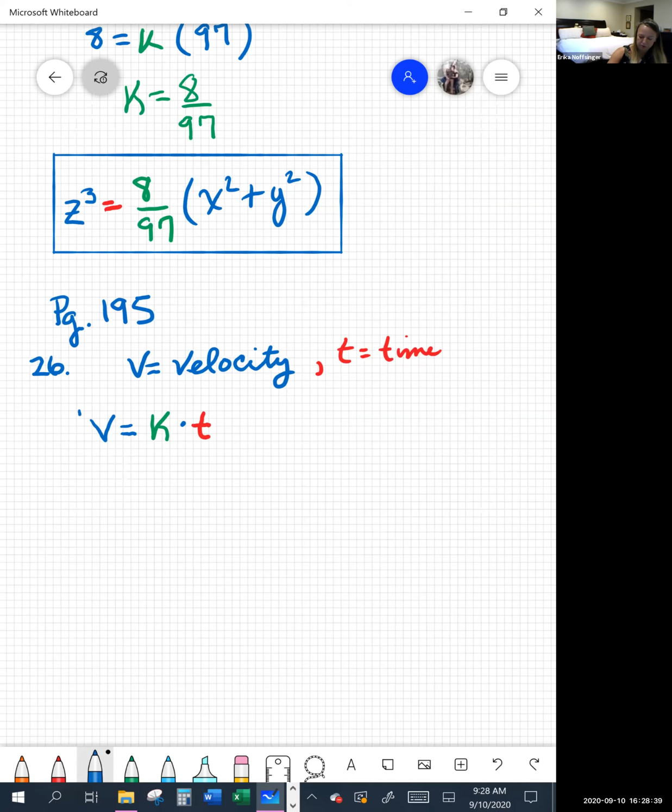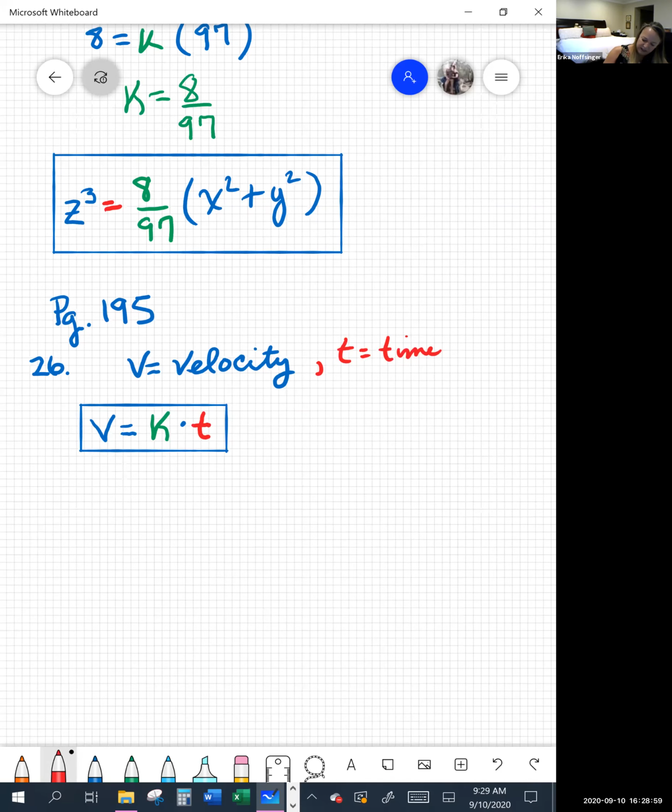Now they're going to start throwing out information at us so that we're able to figure out what k is. So they say if after 2 seconds the velocity of the object is 64 feet per second.